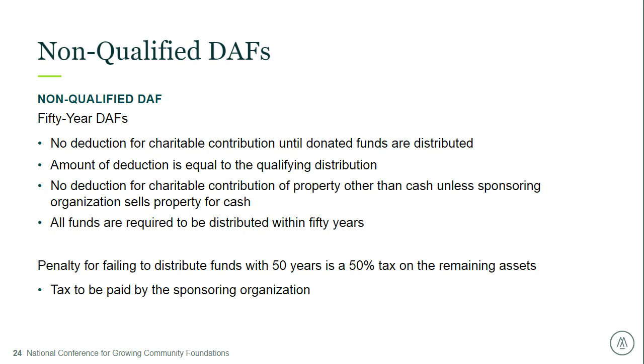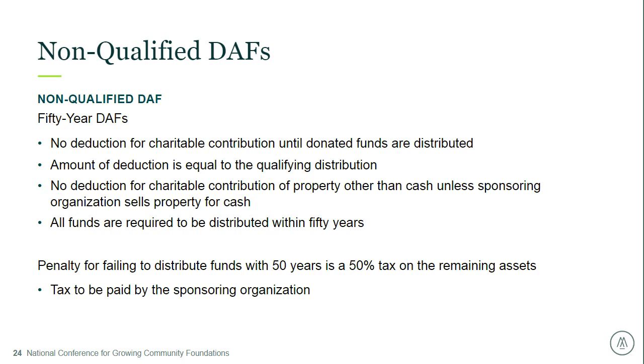There will not be a deduction for charitable contribution of property other than cash unless the sponsoring organization sells the property for cash, which is usually not difficult when you're receiving donations of stock. I think most sponsoring organizations have policies in place that those are immediately sold for cash.